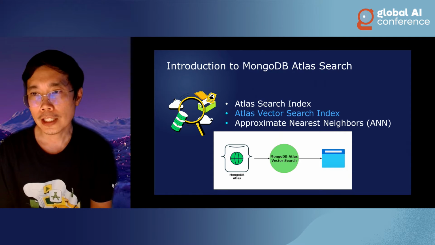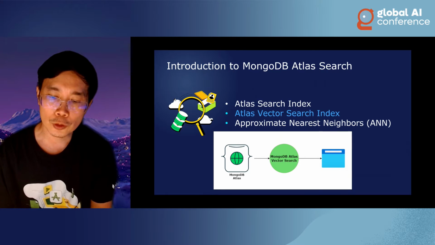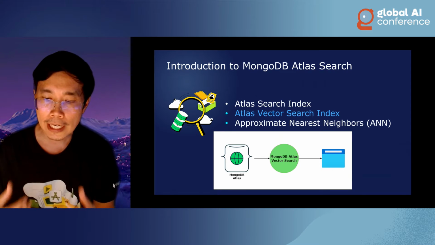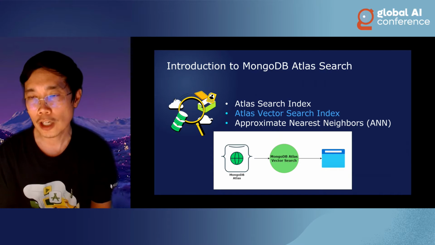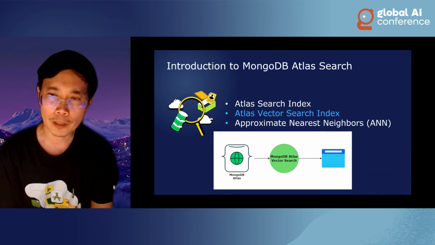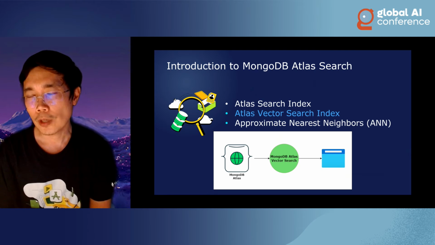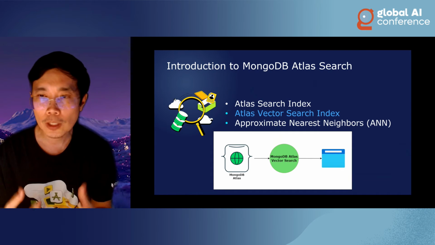Atlas Search is a full text search service that allows you to enhance full text search linked to MongoDB Atlas, because MongoDB Atlas is database as a service for MongoDB. So we have the Atlas Search Index and Atlas Vector Search Index. What does this mean? When you create the MongoDB, you need to make the query faster, right?